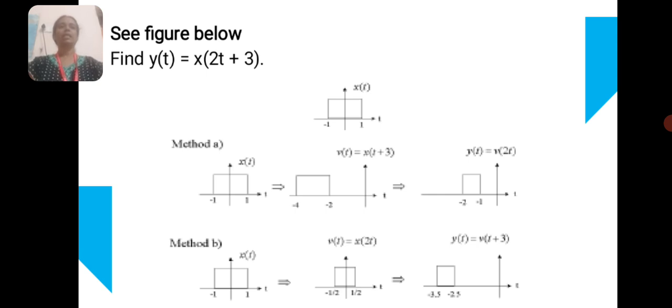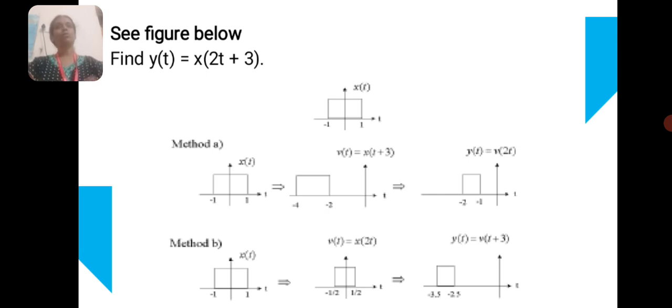First, the scaling operation shall be done. The scaling is done in the time axis. It is 2t, 2 times of t. If t is greater than 1, then the signal will be reduced.